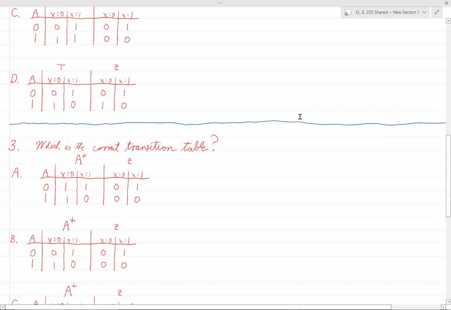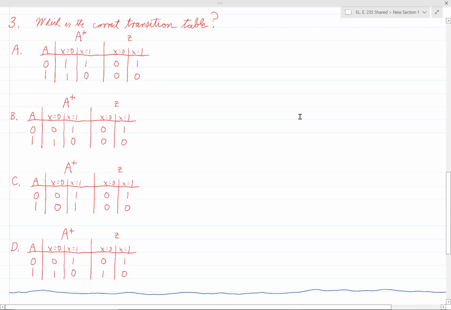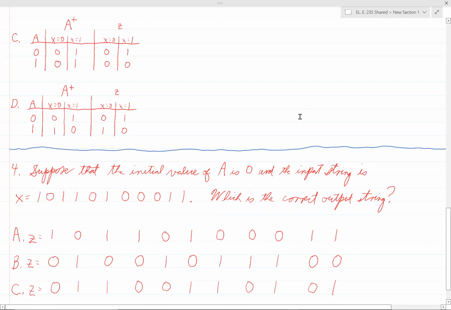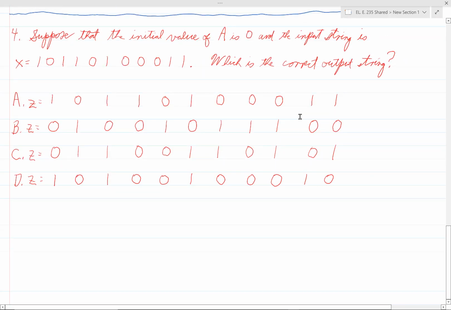And number three, which is the correct transition table, and there you see the 4 choices for that. And then finally, number 4, if A is originally equal to 0 and the input string is 101101000011, what is the correct output string? And there are the 4 choices for that.